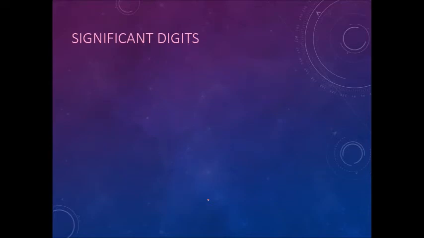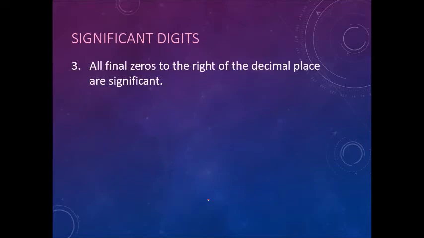So far, so good. Those are the easier rules. Let's take a look at the not so easy rules. All final zeros to the right of the decimal place are significant. So we're talking about, say you have this number here and then you have a 0 to the right. So this is the one that they're talking about, the final zeros added on.